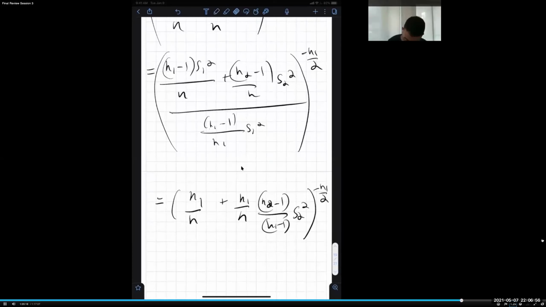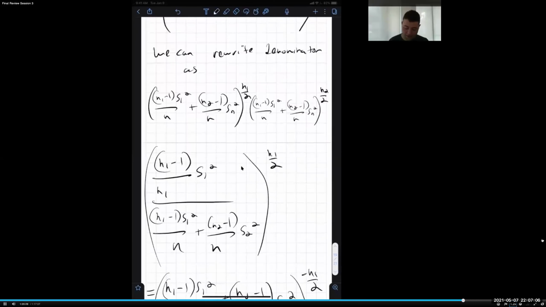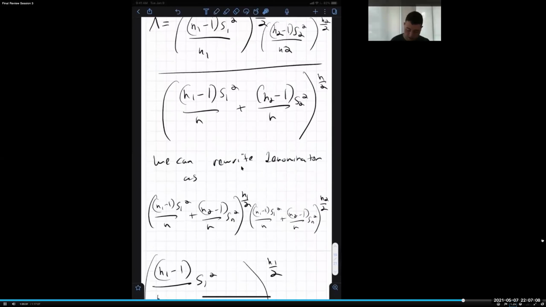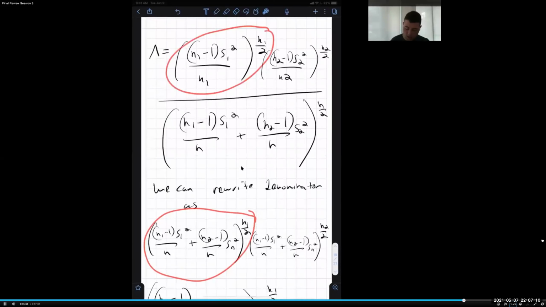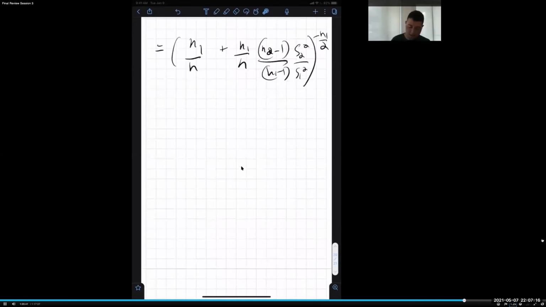Sorry, and there needs to be the ratio here, I forgot: s2 squared over s1 squared. So that's now in terms of the ratio of the sample variances. Like I said before, I did it for this side with this one. It's essentially the same thing, but we just switch the n1 to the n2 for this side. So do the same for the right side.